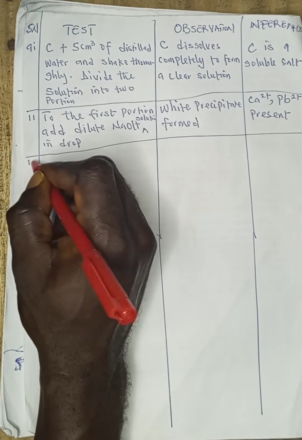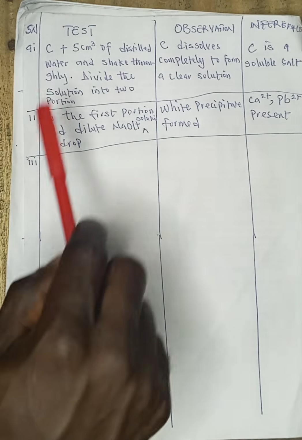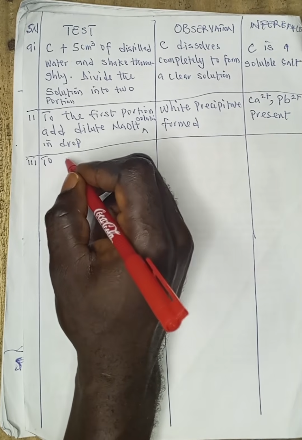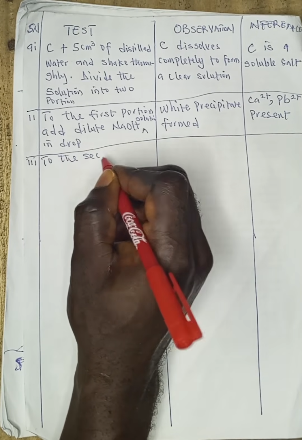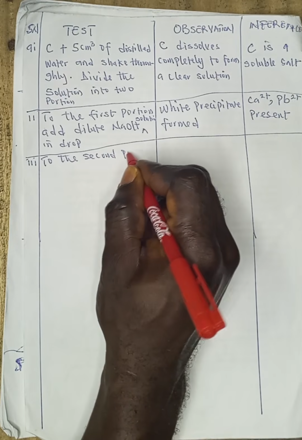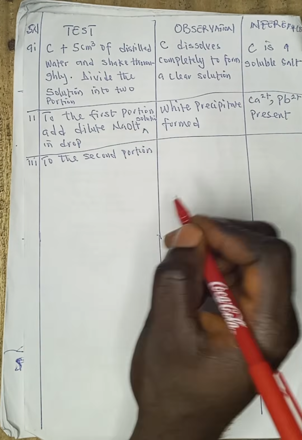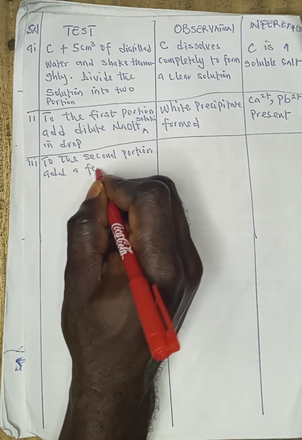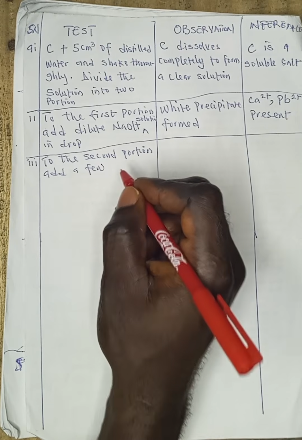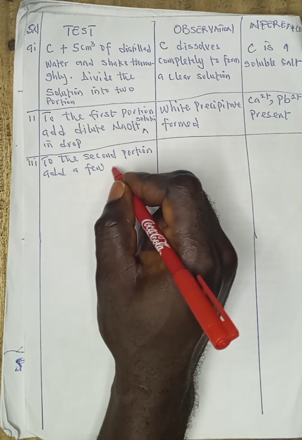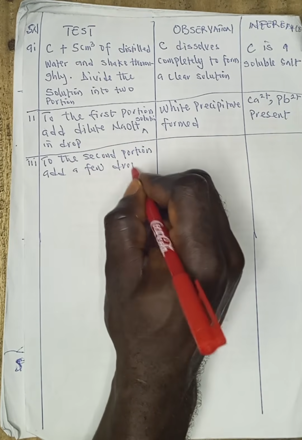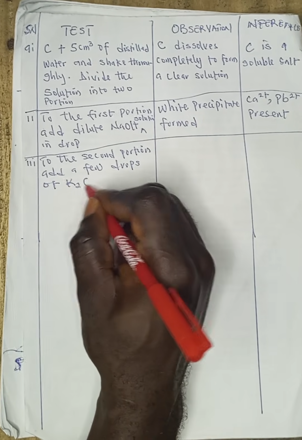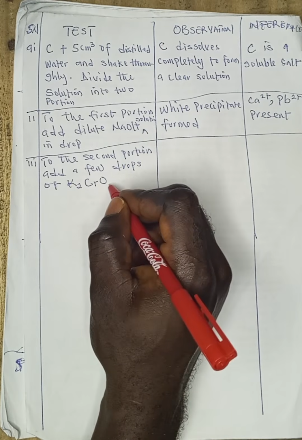The next thing is under (ii), this is the second portion. Now to the second portion, what are you asked to do? Add a few drops of potassium chromate, K2CrO4.